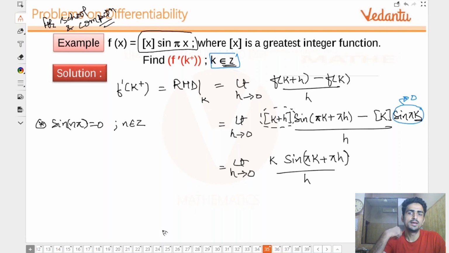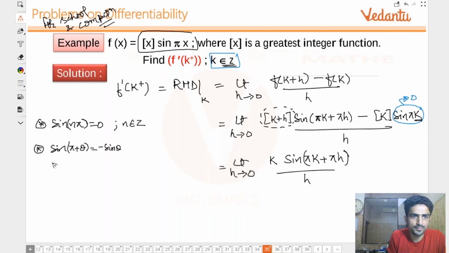Okay. Now guys, one thing, let me just try to recall. Sine of pi plus theta is minus sine theta. Sine of 3 pi plus theta is minus sine theta, and so on. Sine of 2 pi plus theta is sine theta.